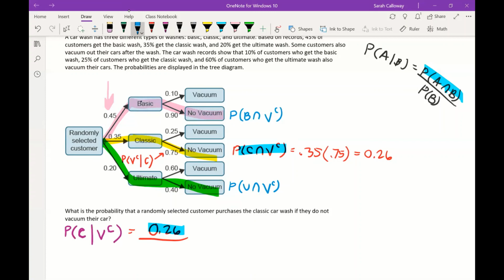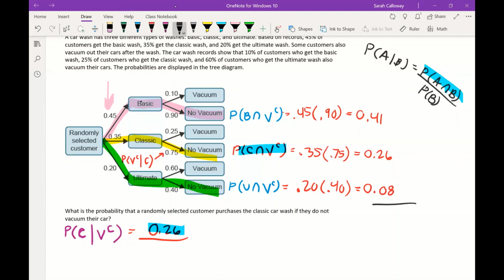Okay, so let's look at what each of those probabilities are. So if I multiply 0.45 times 0.9, that gives me 0.41. And then finally, if I look at 0.2 times 0.4, that's going to give me 0.08.